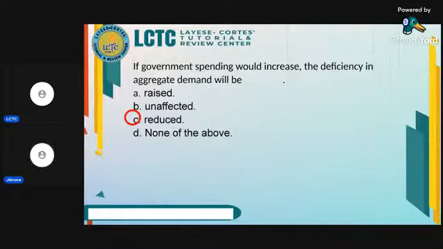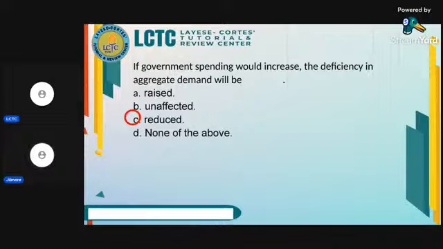So in order for the government to balance the demand again, not to have a deficit in demand, not excessive but balanced, the government needs to increase its expenditure and lower taxes. So the deficiency in aggregate demand will be reduced.